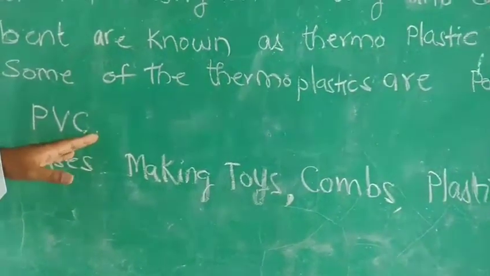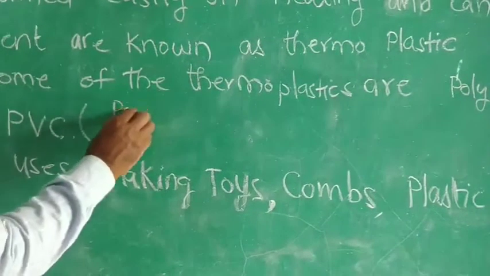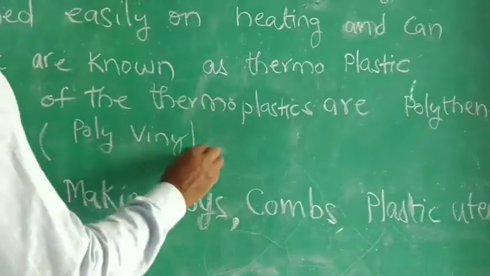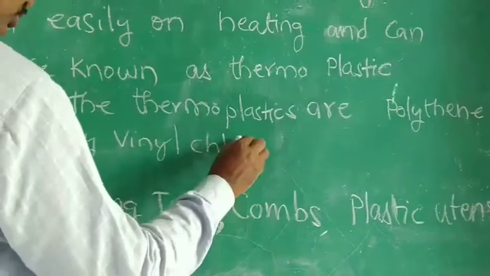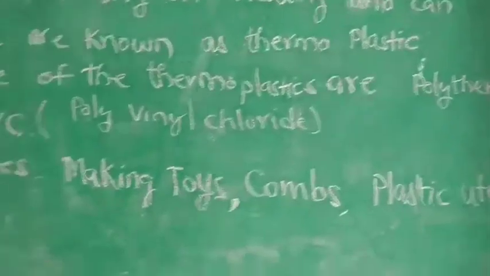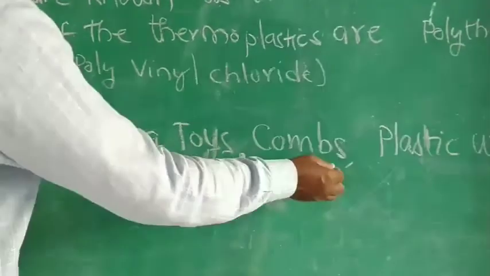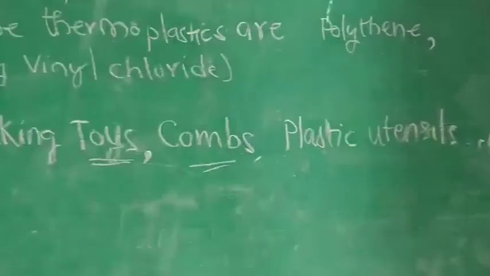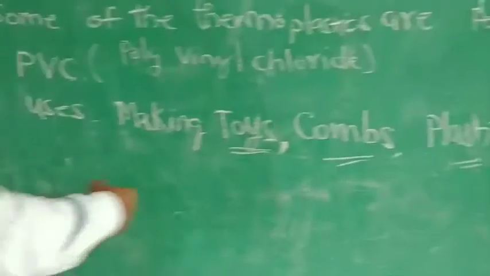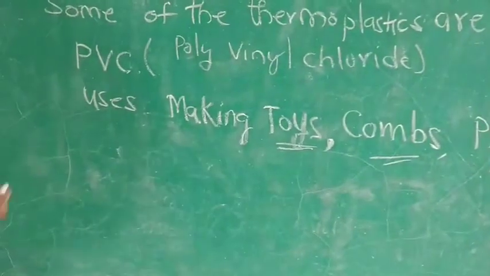Note down this abbreviation. The uses are making toys, combs and plastic utensils. You can write many more if you know them. Follow? This is about thermoplastic.